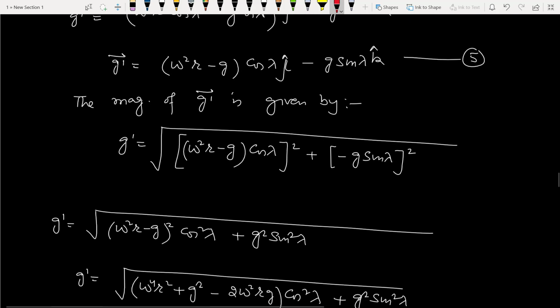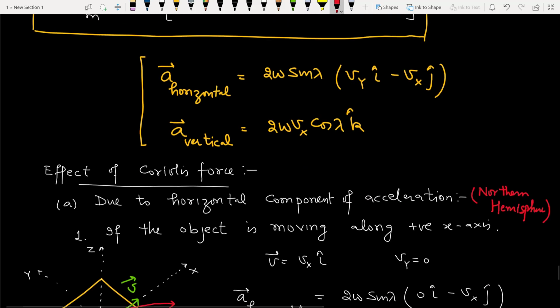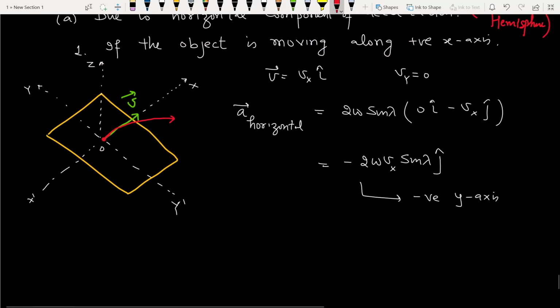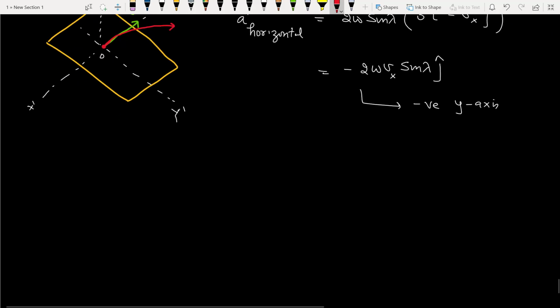In all the articles that we are doing, we assume the particle to be lying in the northern hemisphere. So when the object is moving along the positive x-axis, due to Coriolis force, its direction of motion shifts, tilting towards the negative y-axis.